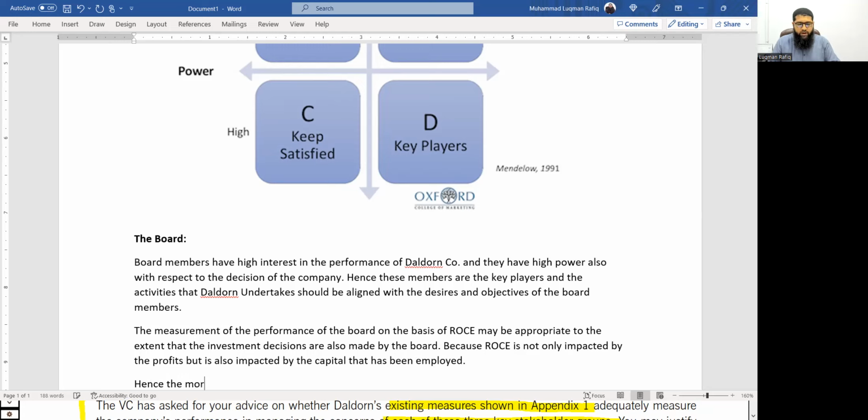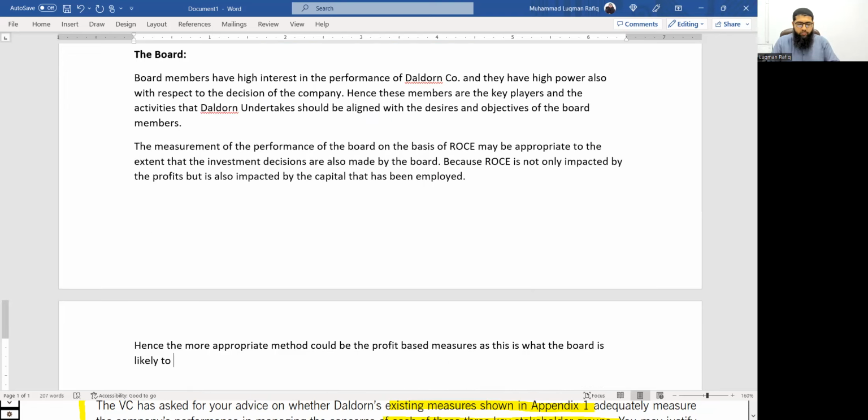Hence, the more appropriate method could be the profit-based measures, as this is what the board is likely to be interested in, considering the past performance of having loss-making projects.